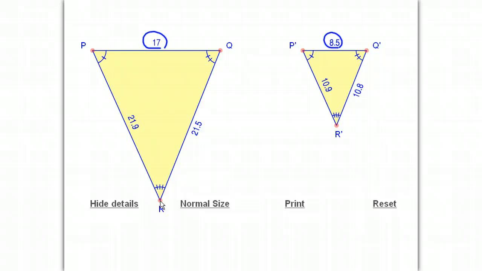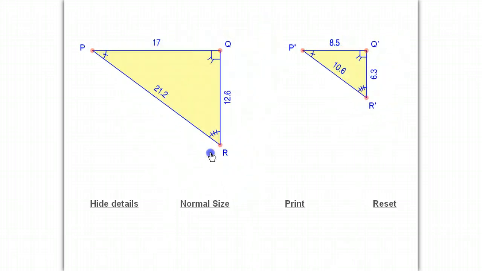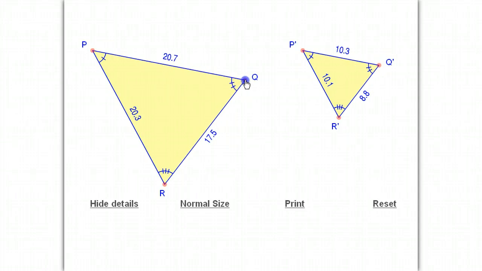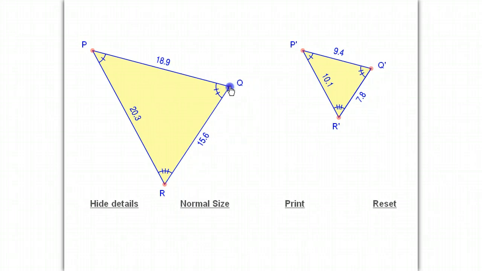Now, if I were to change the shape of this triangle, make two new triangles, but have them both be similar, you'll see something that will stay the same. So let's do that. Let's make this a nice even number here, 18, 19.